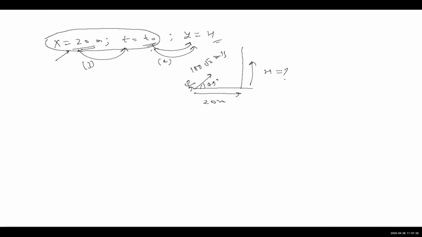For ux, take the component. Sir, I'm getting 99/5. So I'm getting the same. Okay, then it will be that much only. So it will be 100 root 2 into cos 45, and sin 45.